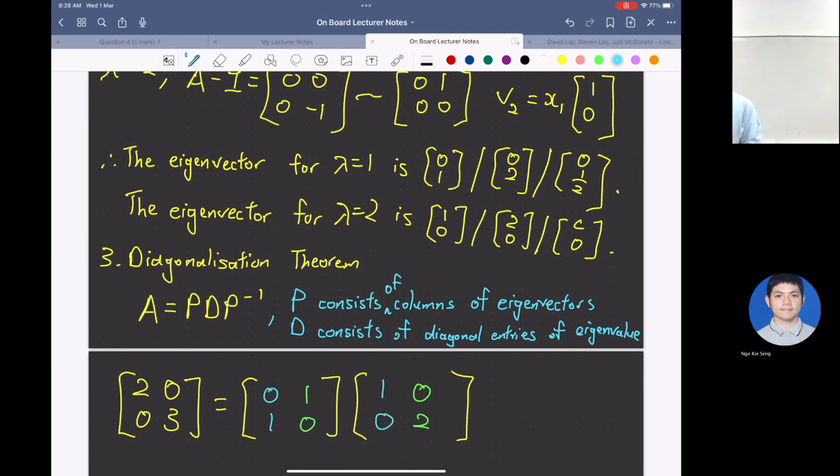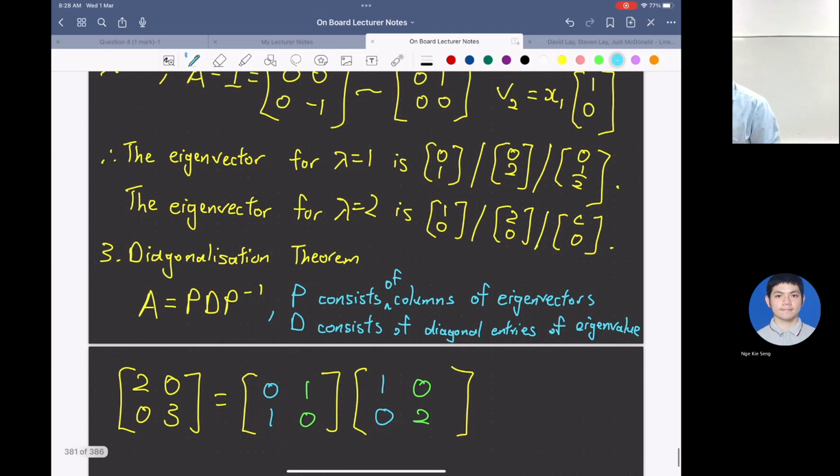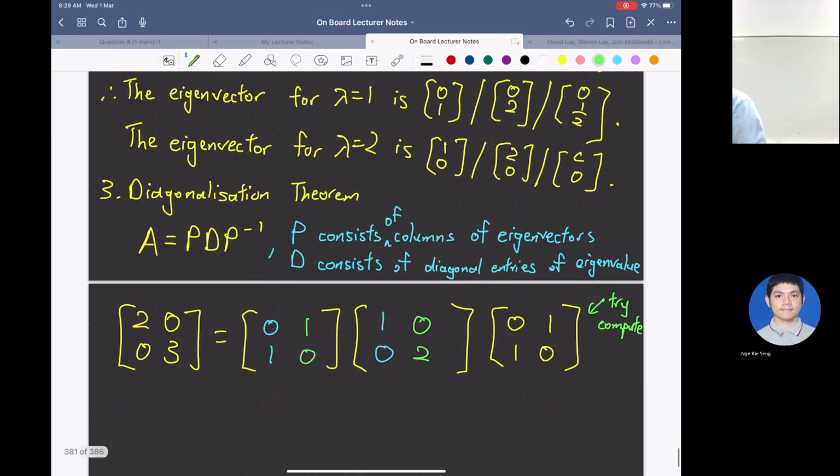So the position of the eigenvector corresponds to the position of the eigenvalue. So what's P inverse here? I guess easily we can get P inverse to be itself. You can try and compute.